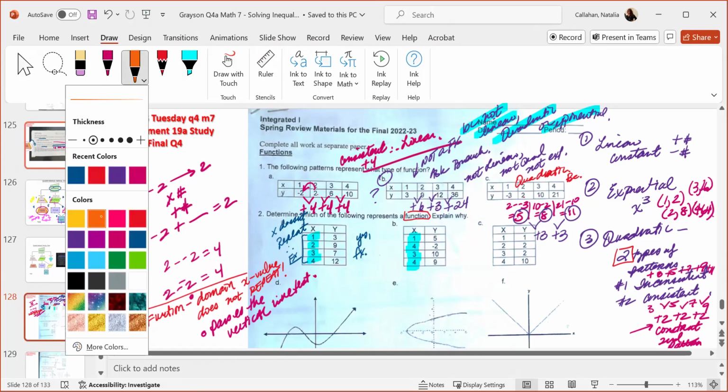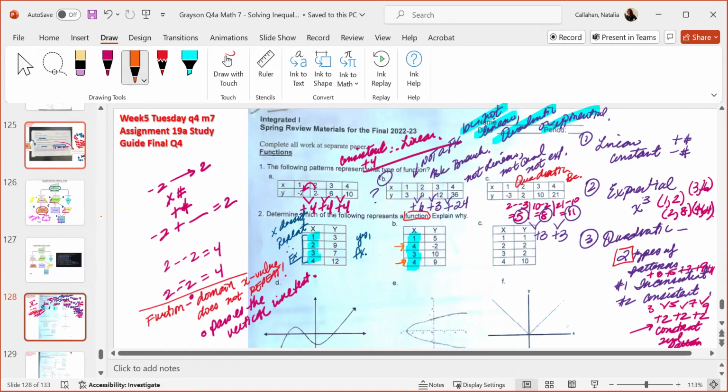Yes. Where does it repeat? At 4. Good. So then how do you explain it? Make sure you put the x value does not repeat or repeat. So it's not a function.